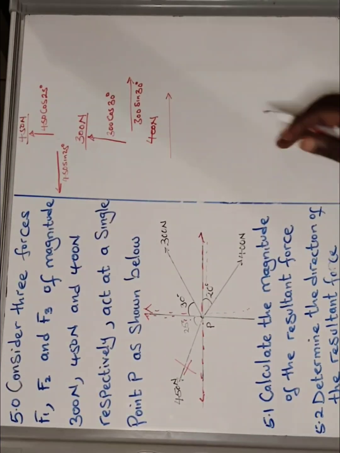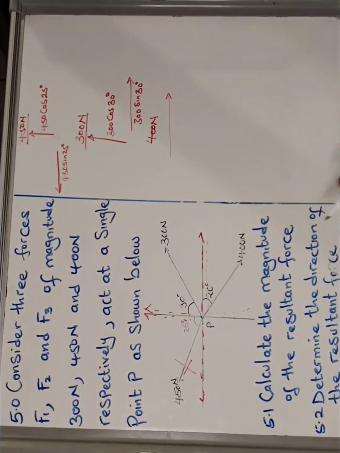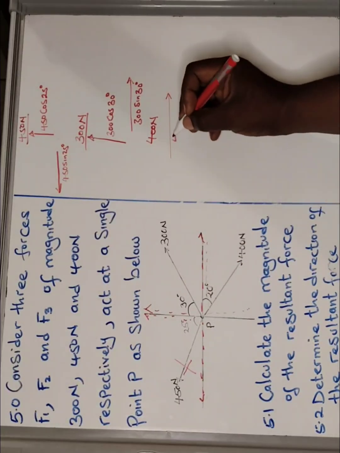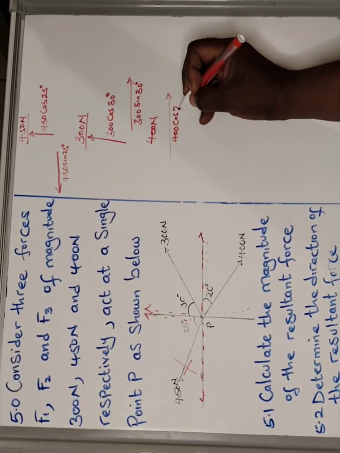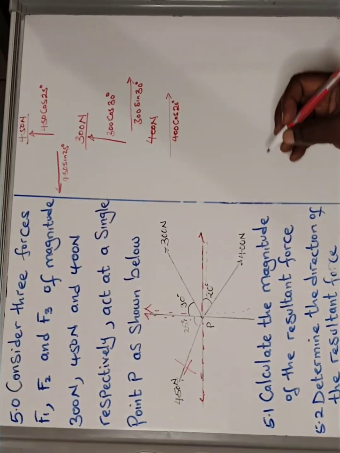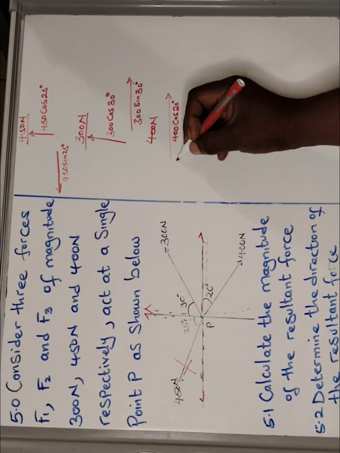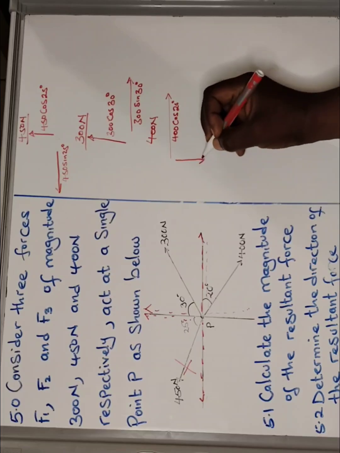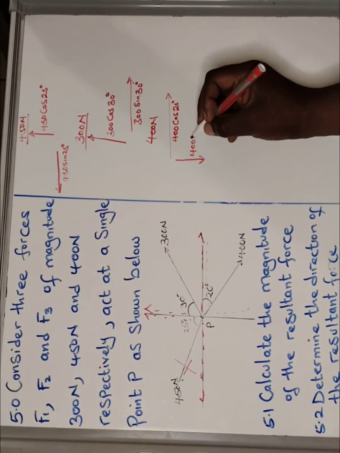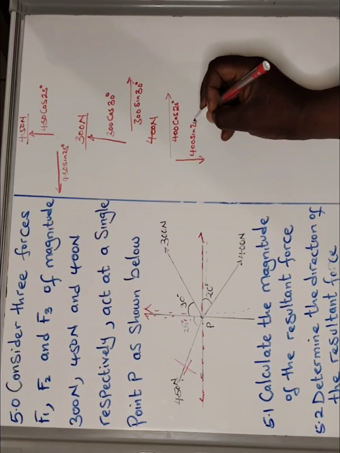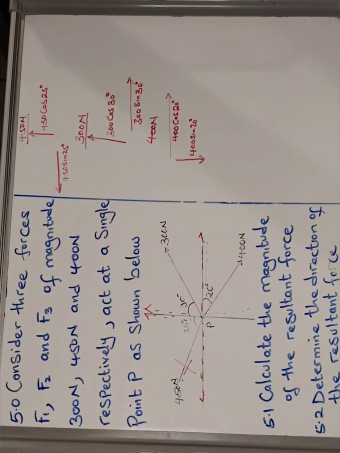This one is next to the angle, so it's going to be 400 cos 20 degrees. And this one is going to be 400 sine 20 degrees. Okay, we can go ahead and get the values of all this. So let us find the values.